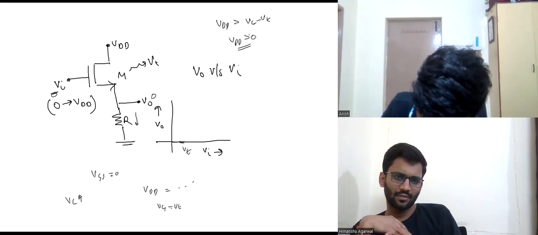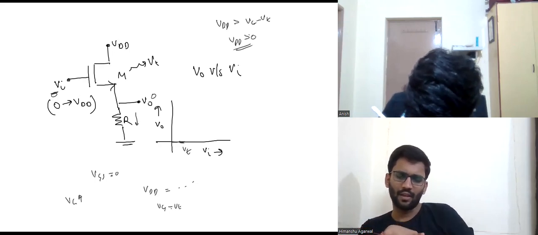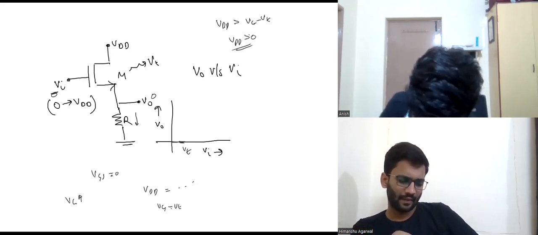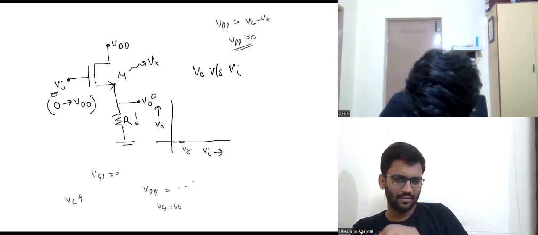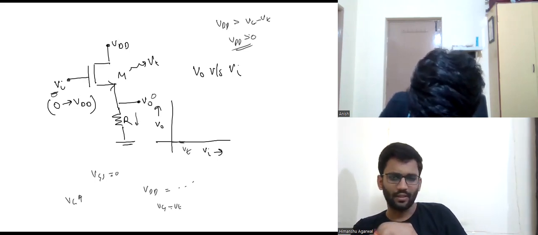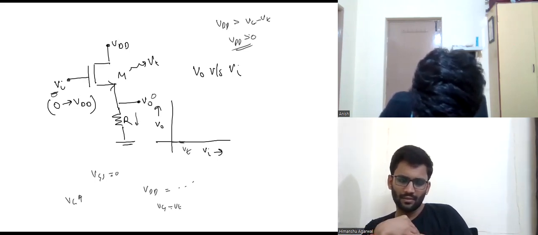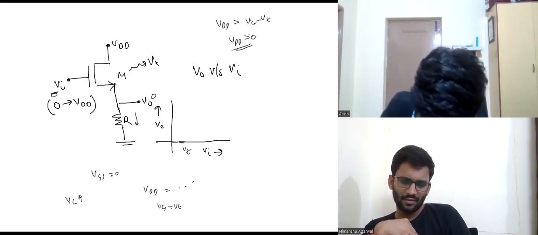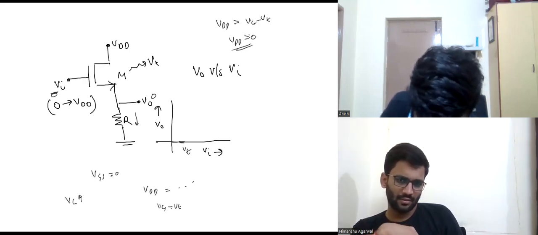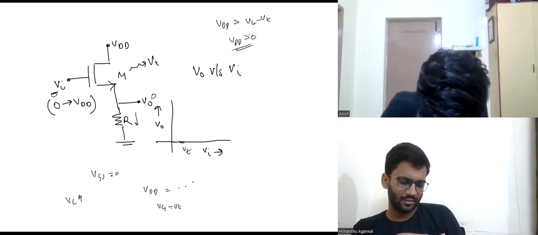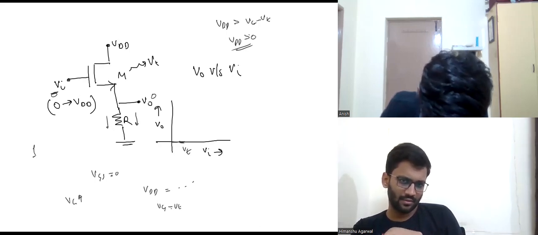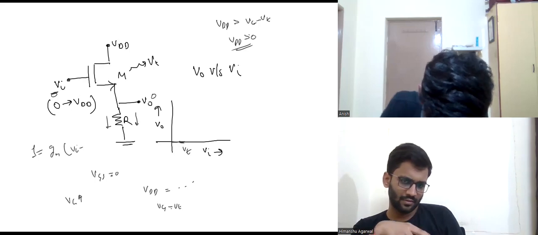This condition is true, so this is in saturation. If this is in saturation, the current will slowly increase. Then from small signal analysis, the current will be I equals gm into (Vin minus V naught).